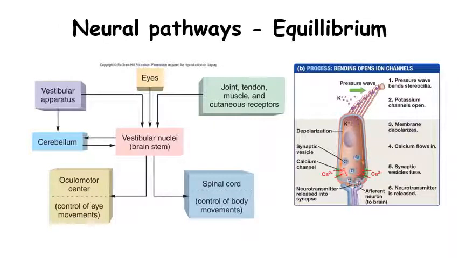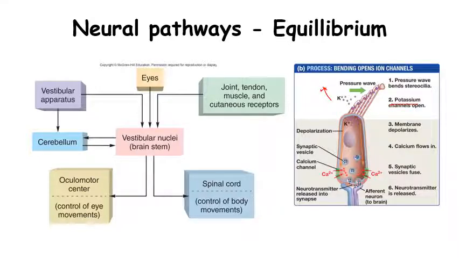So here's basically the bending of the cells, right? Pressure wave on the stereocilia, the cupula is bending. Okay. And the bending in this case, because we're bathed in endolymph, we're high in potassium here. The bending towards the kinocilium opens up potassium channels.